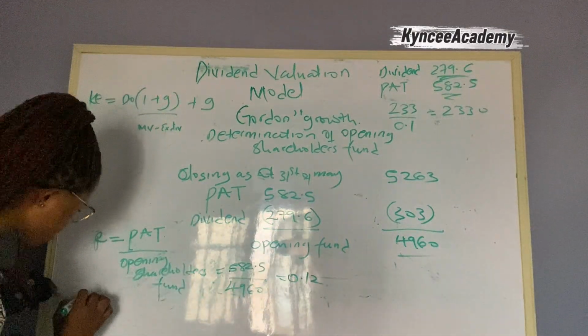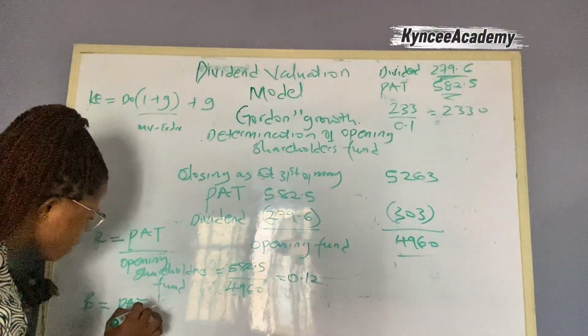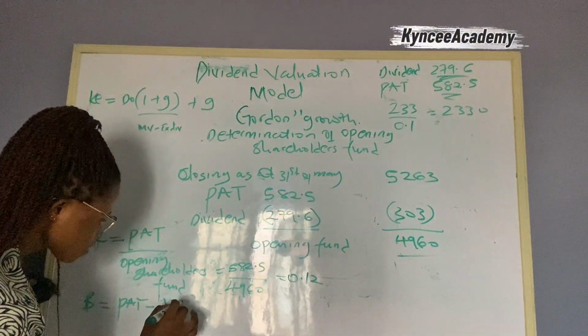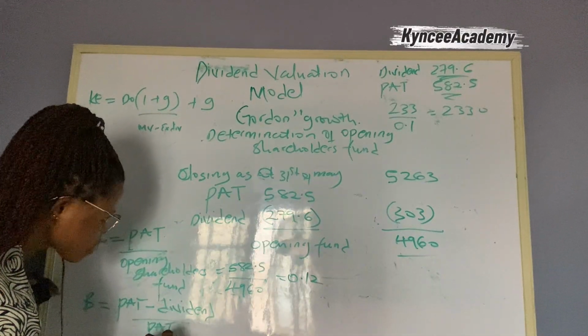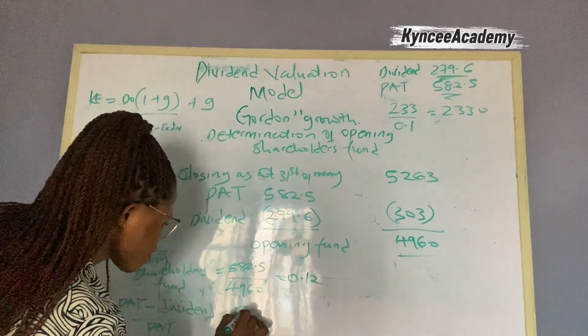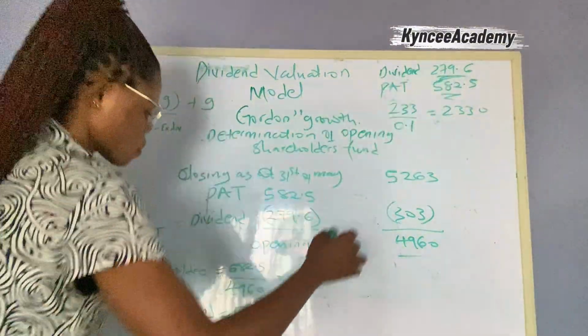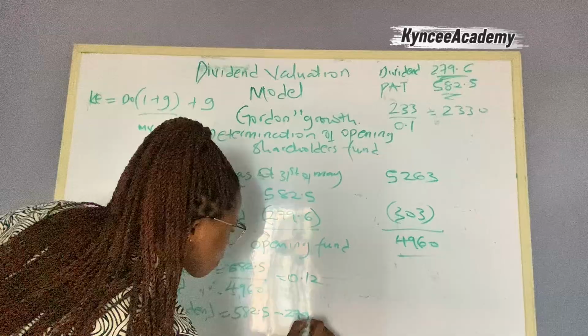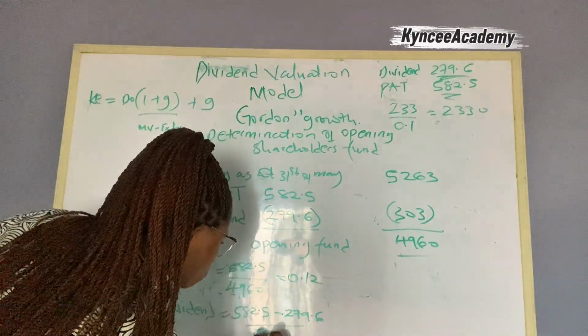Then we now come again. Our B, which is part minus dividends all over part, right? We now say part 582.5 minus dividend 279.6 all over 582.5.